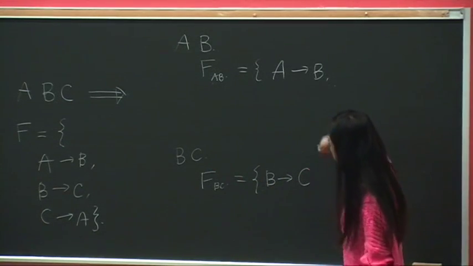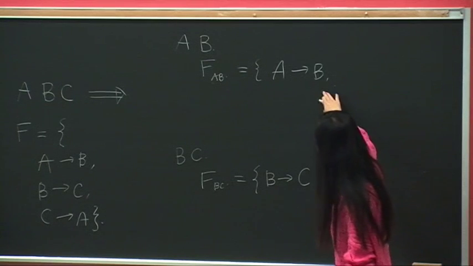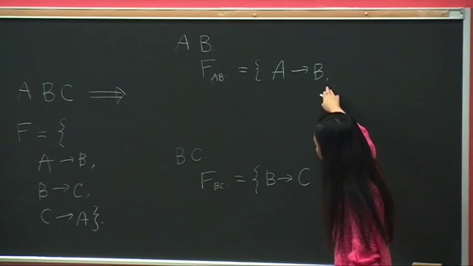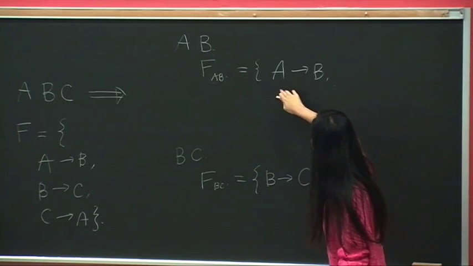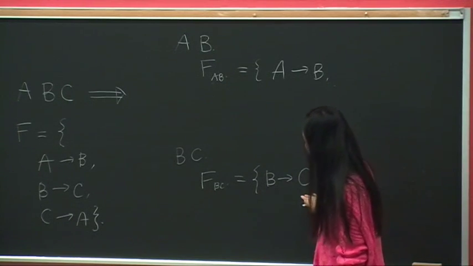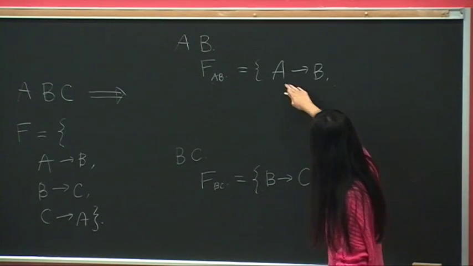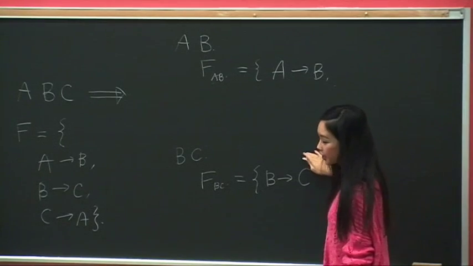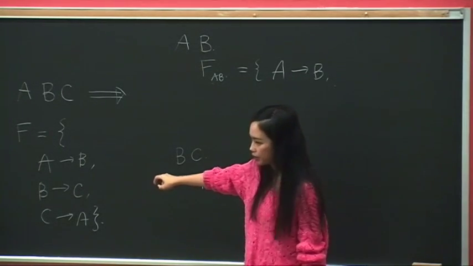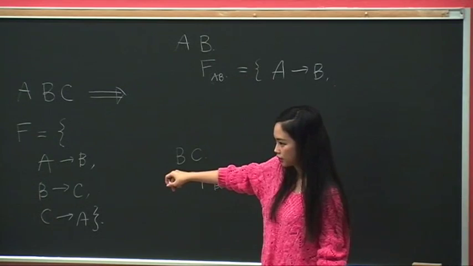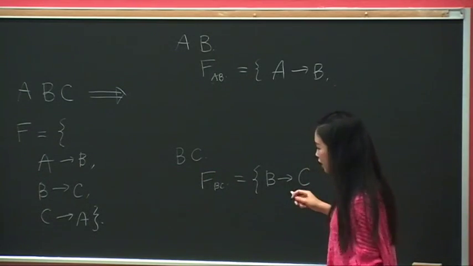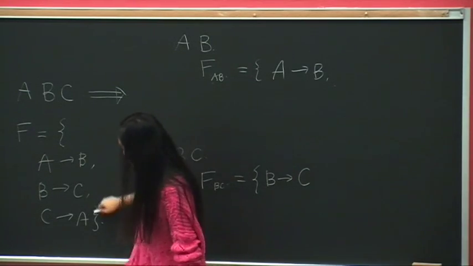However, even though it looks like if we take a union, we only have AB and BC, and if we take the closure, we can infer one more, which is AC, right? And is that completely the same as that one? No.